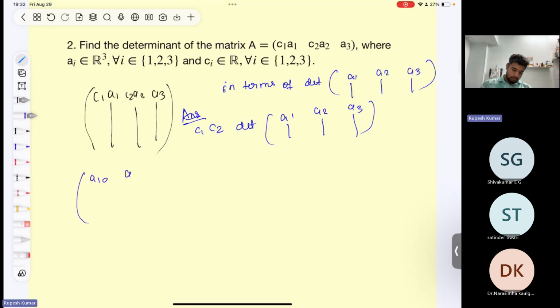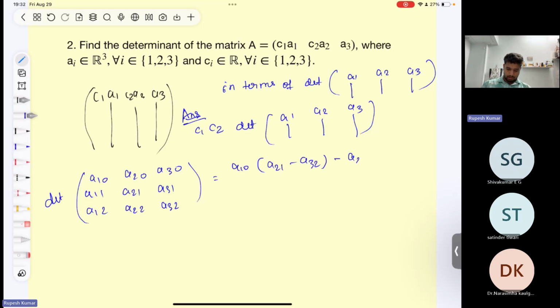A10, A20, A30, A11, A12, A21, A22, A31, A32, right? So the determinant of this matrix is essentially A10 into 1 minus A32. I think this is going to be messy here. Into A11 minus A32.